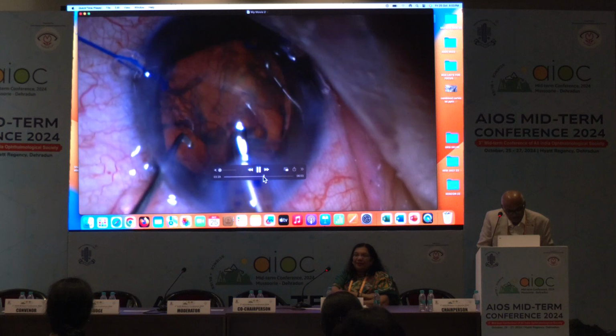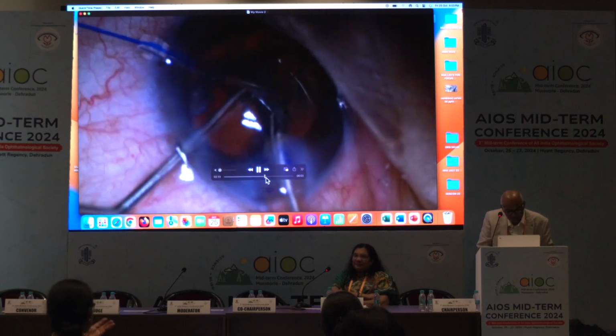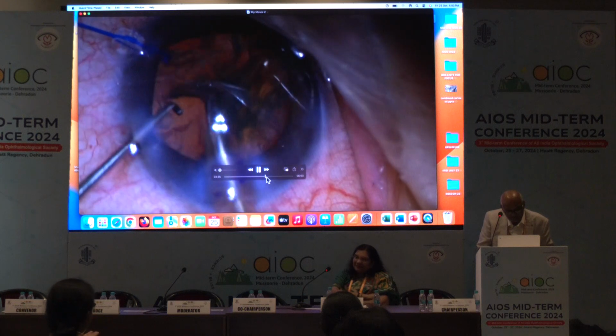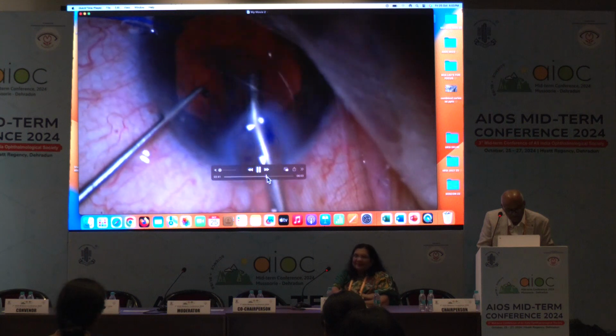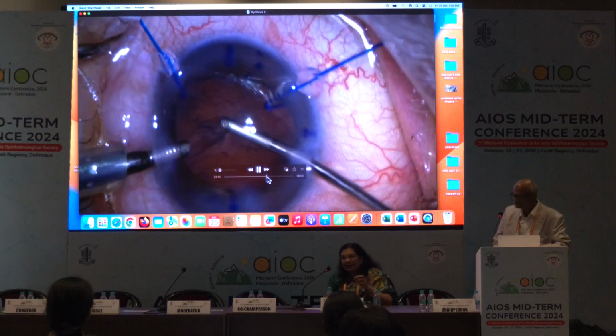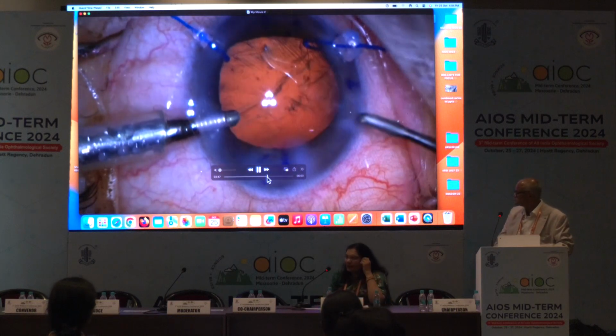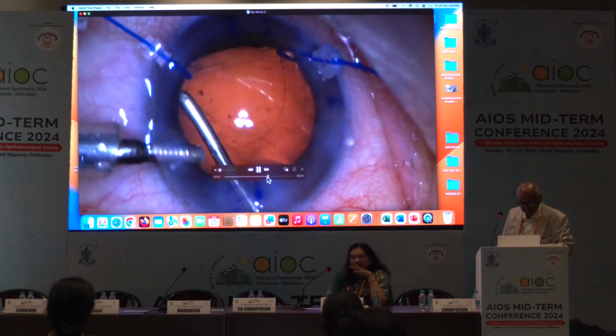This phaco burn, you can say what is the cause of the phaco burn? When I used to operate, on the post-operative second day I always had tunnel burns, and sir never had.